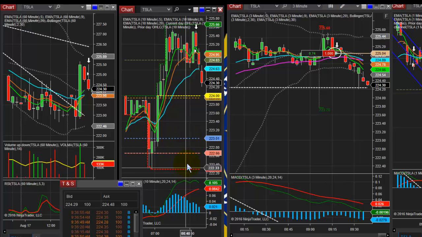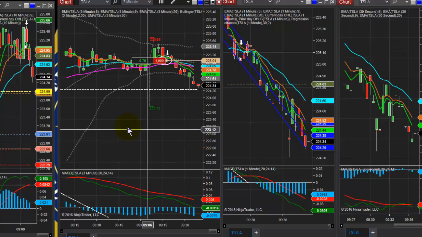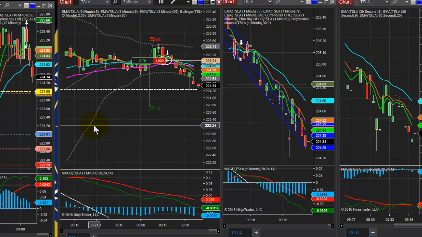Both those were the low, by the way. Yellow is, bright yellow is today's open, and the dull yellow or kind of orange is yesterday's open. So those are also potential places that this stock could find support. On the 3 minute chart, I've got a 30 period 2 standard deviation Bollinger Band.